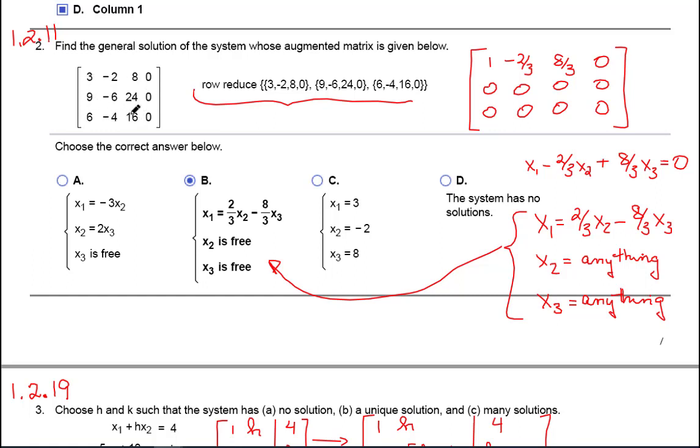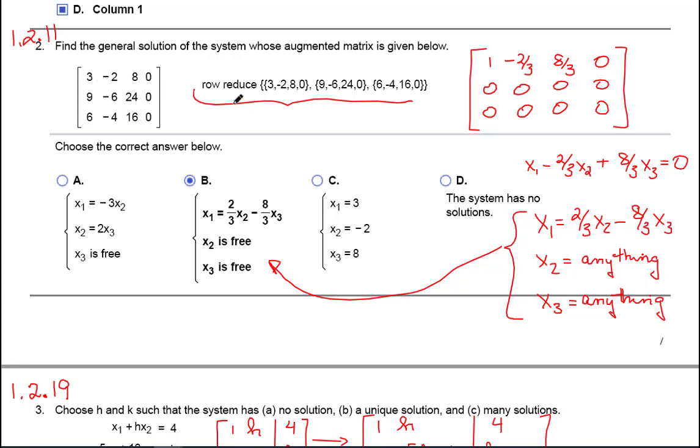So you really can't get a 1. The strategy, if I were doing this by hand, would be to use the 3 to get rid of the 9. Use the 3 to get rid of the 6. When I say get rid of, I mean make it a 0. And then in the end, divide by 3 once it doesn't matter that we have fractions.